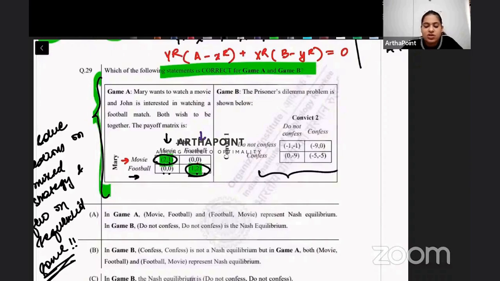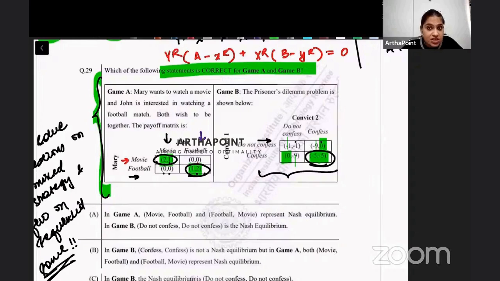We again know this one, the prisoner's dilemma, a classic problem. When you go for not confessing, between -1 and 0, 0 is greater. Between -9 and -5, -5 is greater. Between -1 and 0, 0 is greater. Between -9 and -5, -5 is greater. So what we see is this is the only Nash equilibrium.